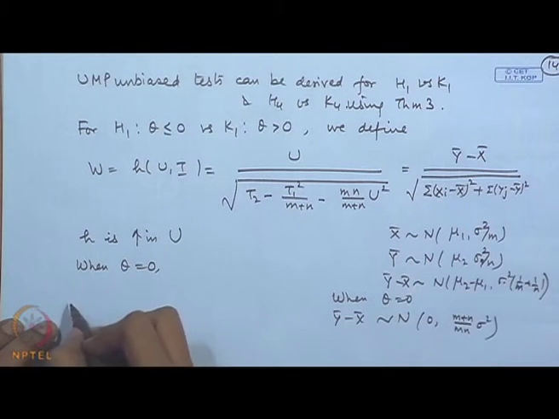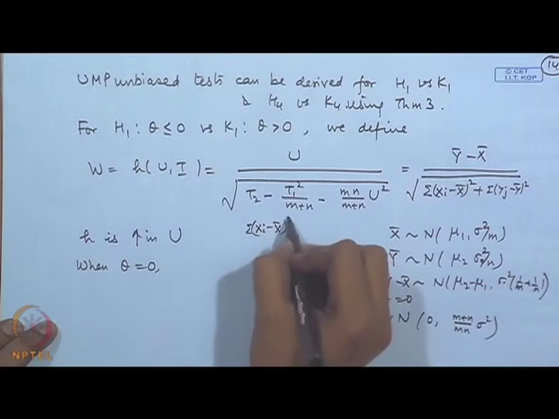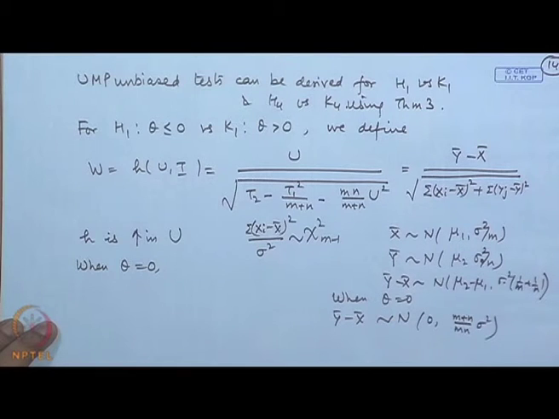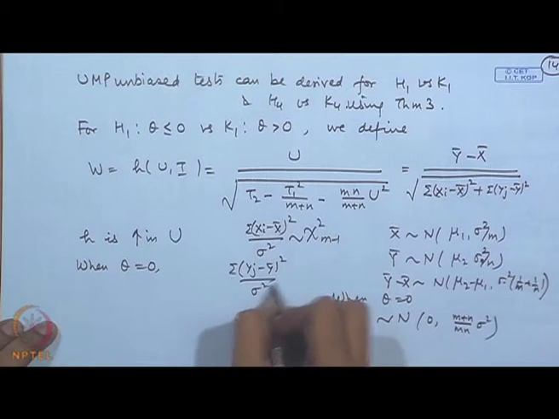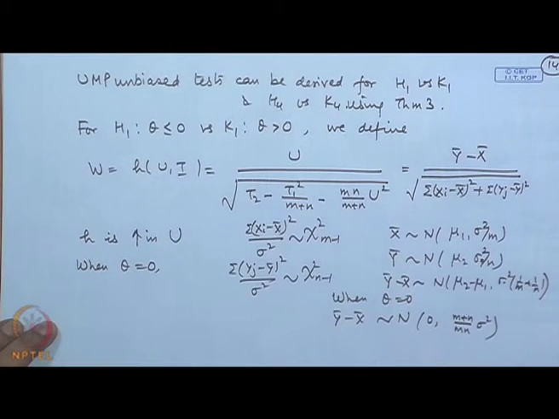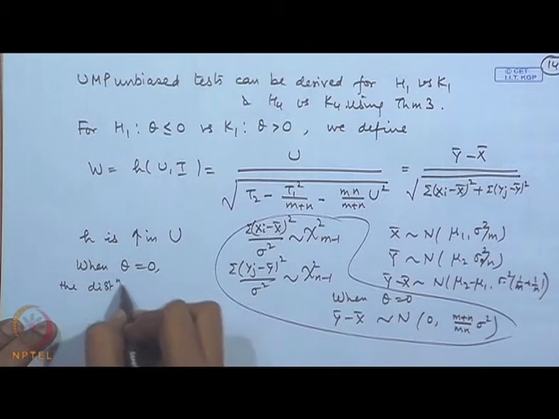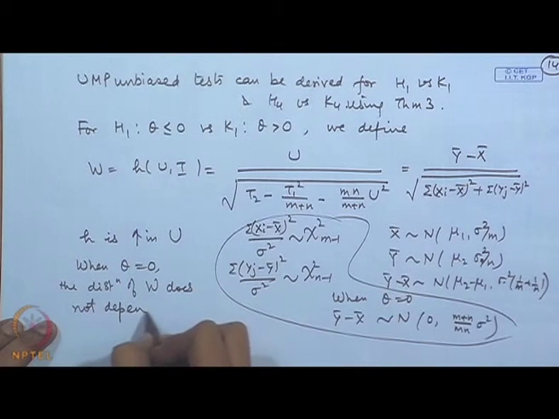Also, the distribution of sigma (x i minus x bar) whole square by sigma square follows chi-square distribution on m minus 1 degrees of freedom. The distribution of sigma (y j minus y bar) whole square by sigma square follows chi-square distribution on n minus 1 degrees of freedom. So, these are all having distributions independent of theta. So, when theta is equal to 0, the distribution of W does not depend on nu 1 and nu 2.